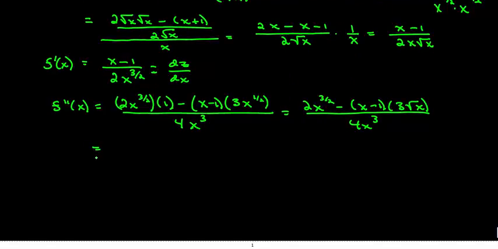So let's reduce this a little bit more. This gives me 2x to the 3/2 minus. Now, if I distribute this 3 square roots of x in, I'm going to get 3x to the 3/2. I better put this in parentheses. Minus 3x to the 1/2.